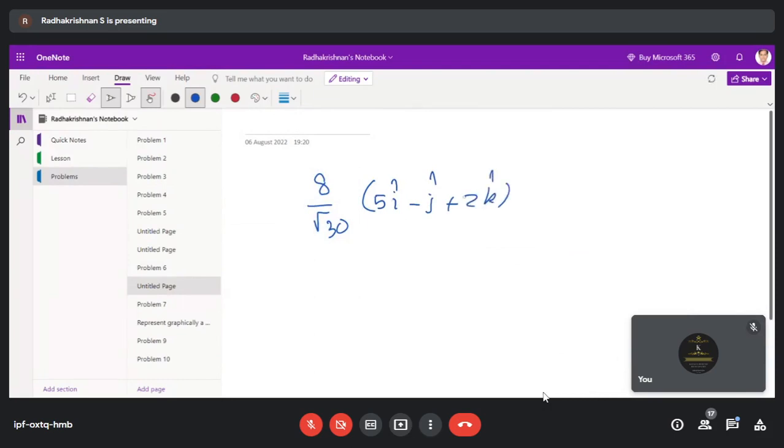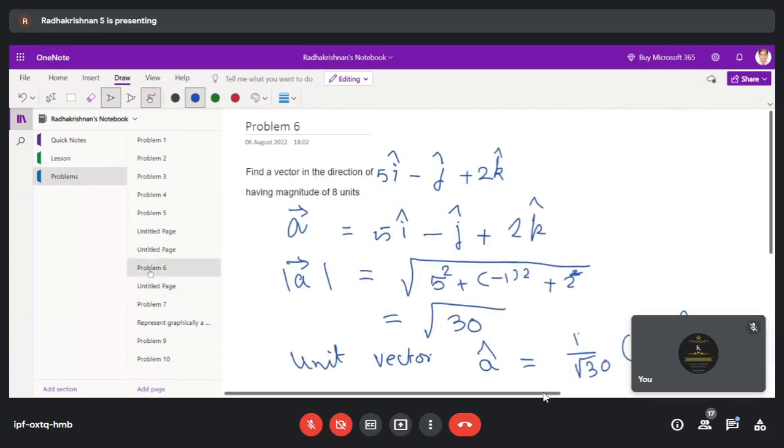This has a magnitude of 8, because A has a magnitude of root 30. Dividing by root 30 makes it a unit vector, and then we multiply by whatever magnitude we require, that is 8.